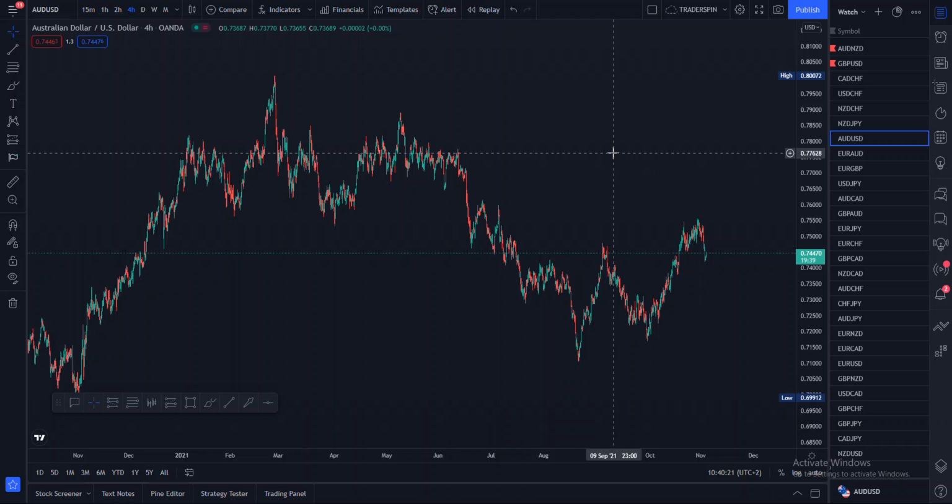The market structure followed by order blocks. Okay. But your success in this trading system that I'm going to be showing you will be based on how good your eyes are in spotting the market structure.